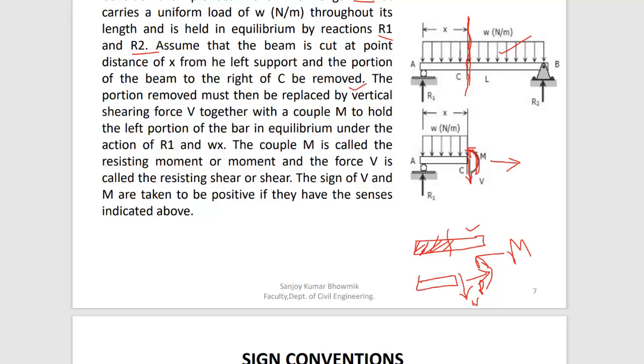That's why this force is 0, because no external axial load is applied. So internal axial load is also 0. Otherwise, you must have 3 unknowns, but now you have 2 unknowns, vertical and moment. So we need to calculate this V and M.